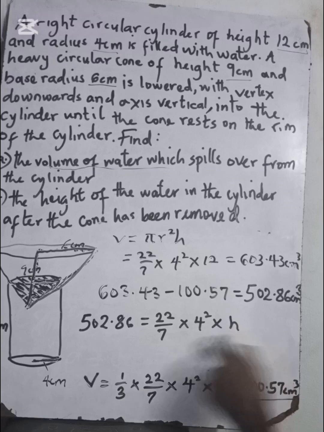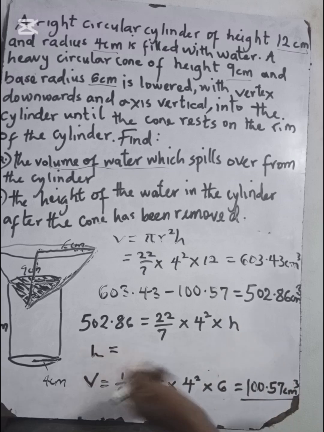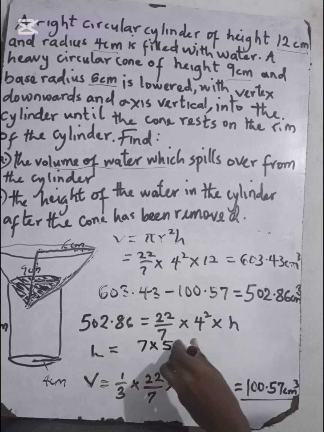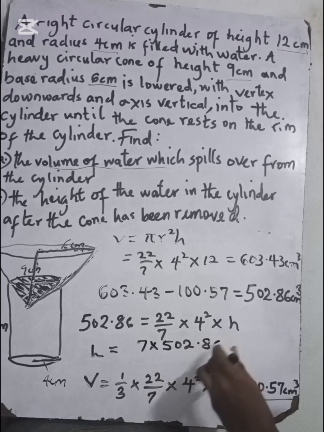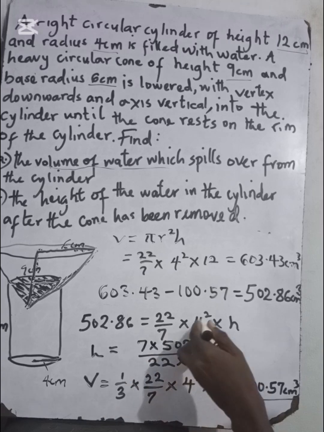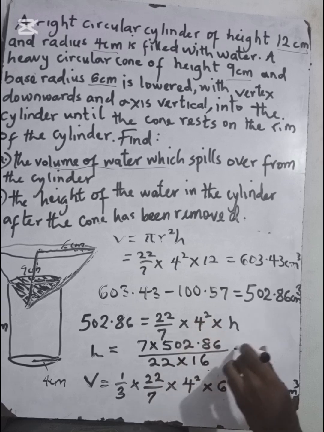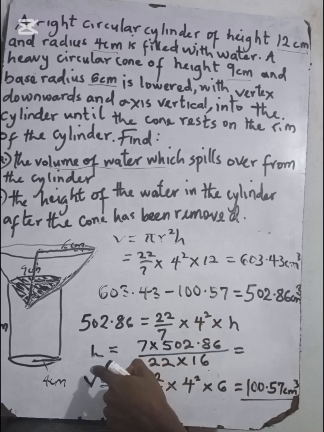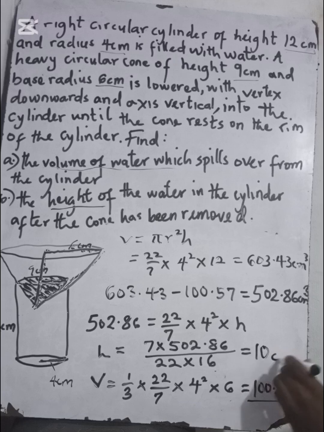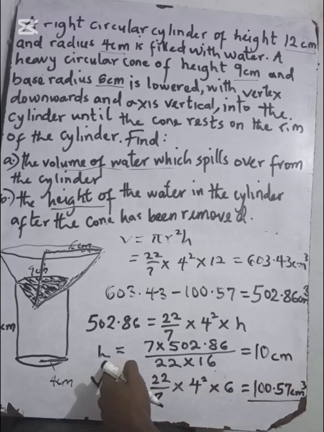So when the height is the subject, that means we will have 7 times 502.86 over 22 times 4 times 4, 16. So when we simplify this, what we have is 10 centimeter. Don't forget that when it is measured in height, that is centimeter. When it is measured in volume, that is centimeter cube.